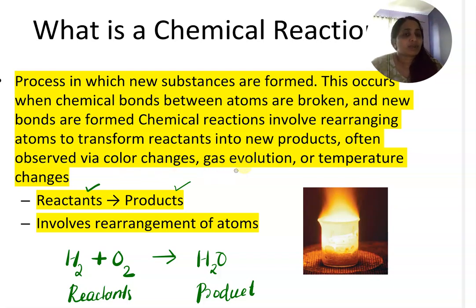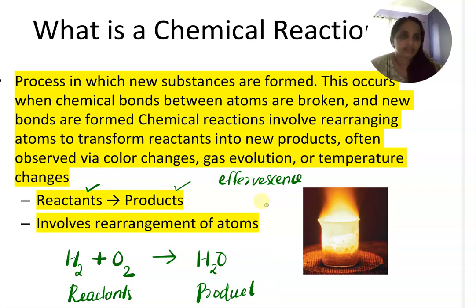Then sometimes you can see, maybe you know this term, brisk effervescence or effervescence. Effervescence means the formation of gases. You can see some bubbles in that solution, that is known as effervescence. So if we can see some effervescence, we understand that gas is forming there.